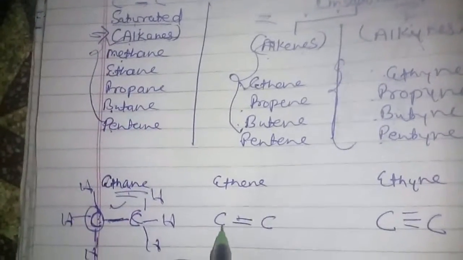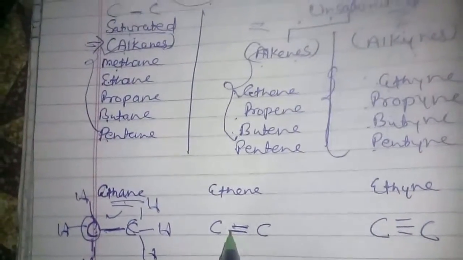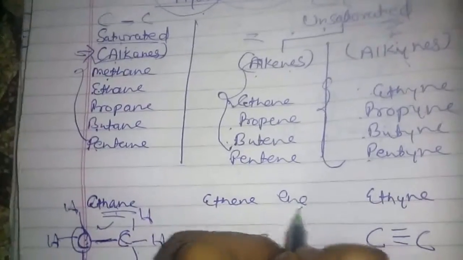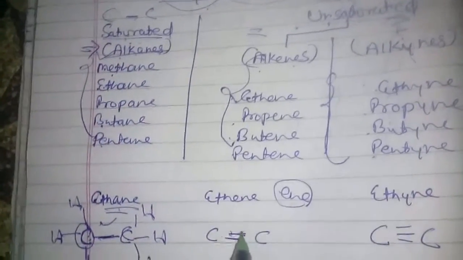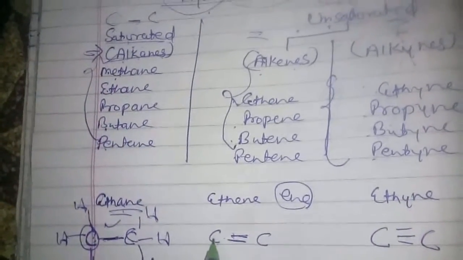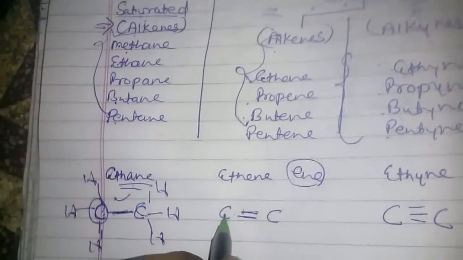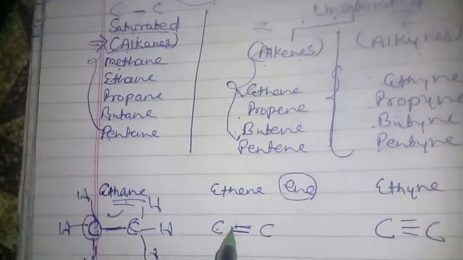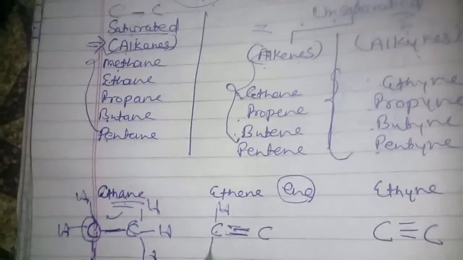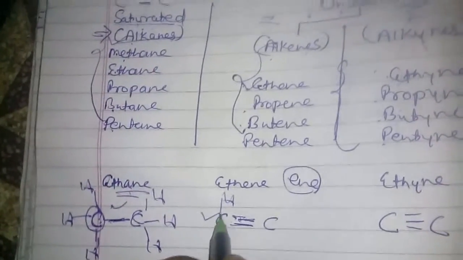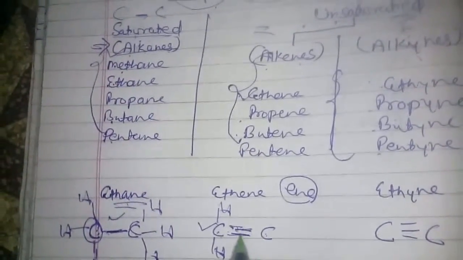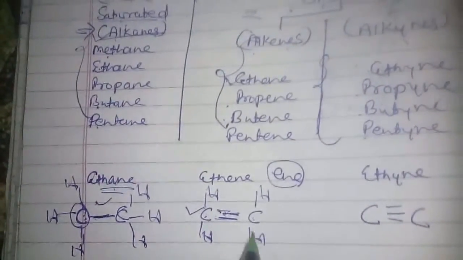Now ethene. In ethene there is already a double bond, as the name says: ethene means a double bond at the end. Now it has to complete and become balanced. 1 2, just 3 and 4. Done with this one. 1 2 3 and 4. Done with this.